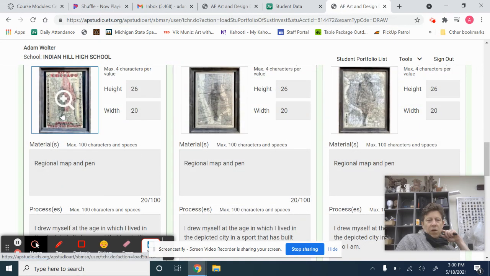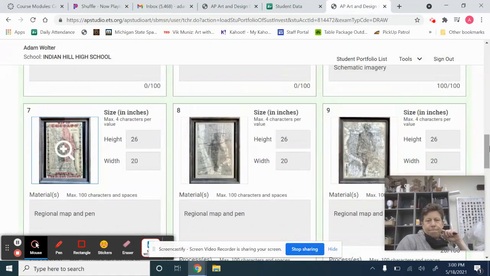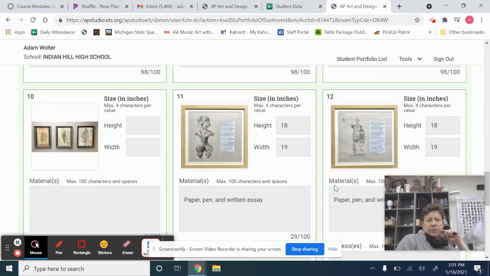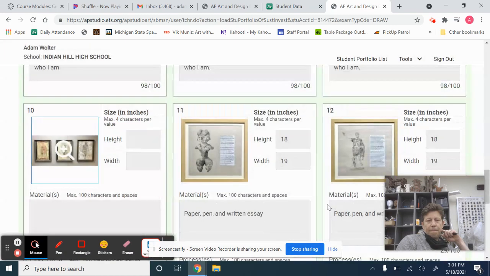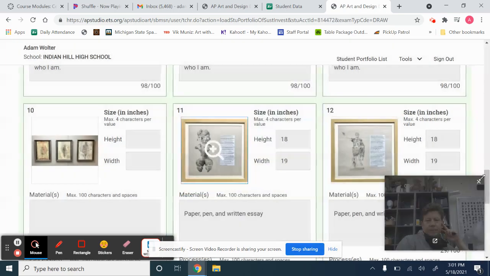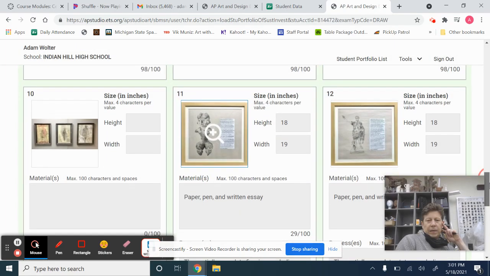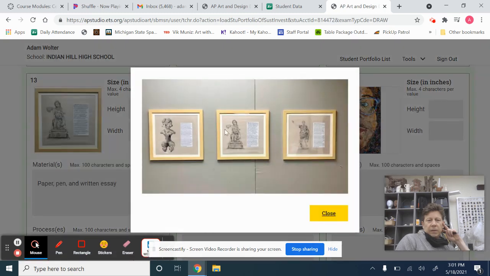Then we have these drawings that he did. And we see them together, installed as a group. Then we have these drawings that he did of these little figures that were accompanied with some writing that he did. And again, we see them all together installed.